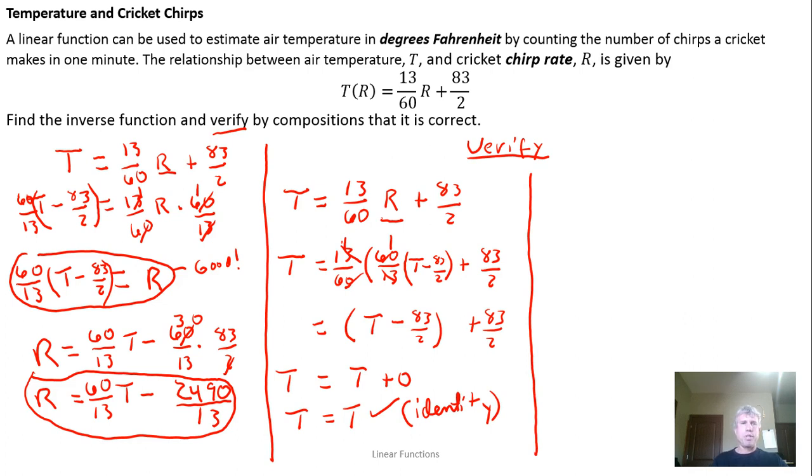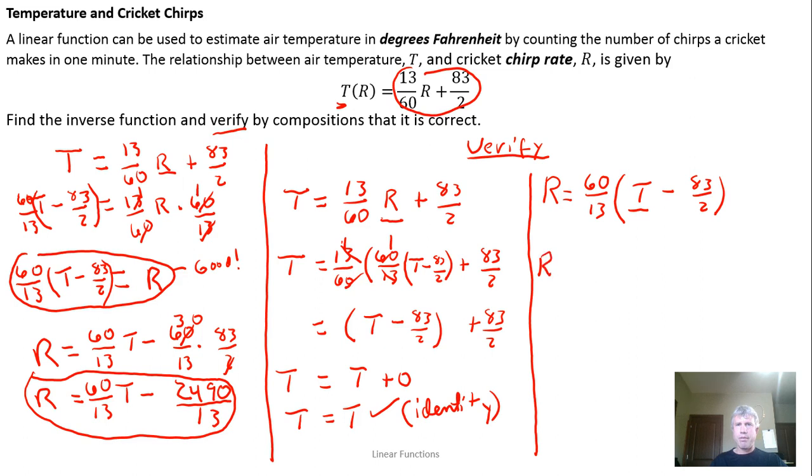So this time we'll start with the inverse function, r equals 60 over 13 times t minus 83 over 2. And right here we see the t, so we're going to replace the t with the original function. T equals some stuff, and we're going to put that stuff into the parentheses where the t is.